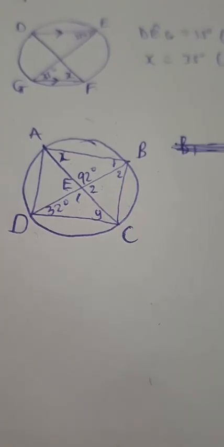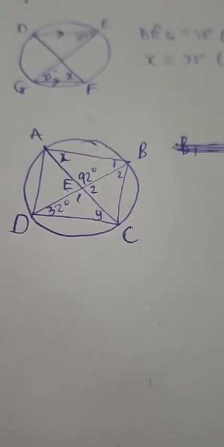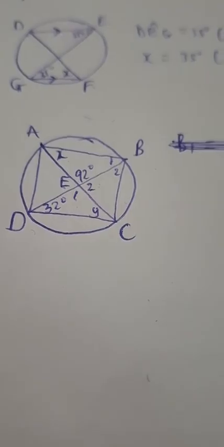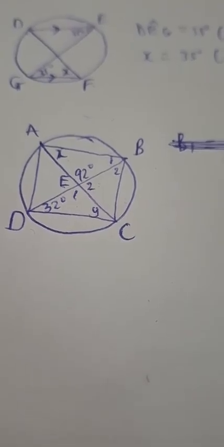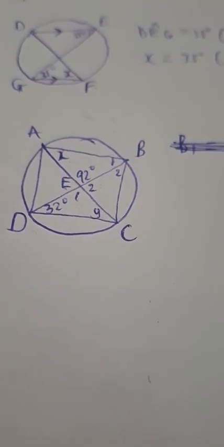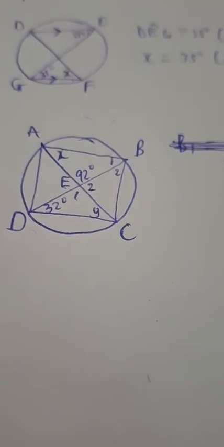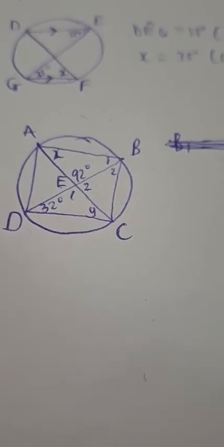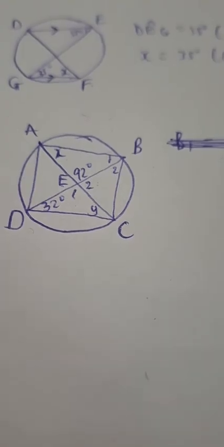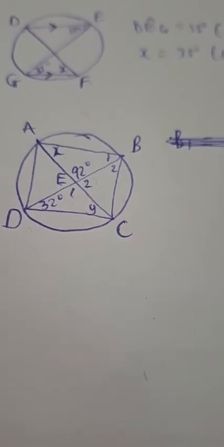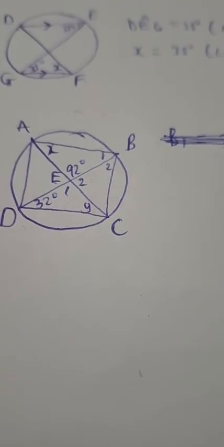Someone is saying B1 is equal to 44 degrees. Where did you get that 44 from? That's my question. How about we use the 360 degrees rule? Okay, there's a lot of things people are saying here. 360 degrees rule.